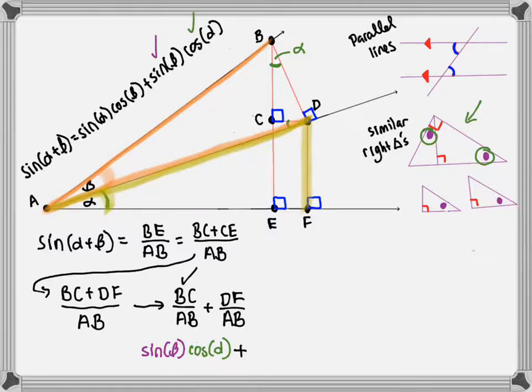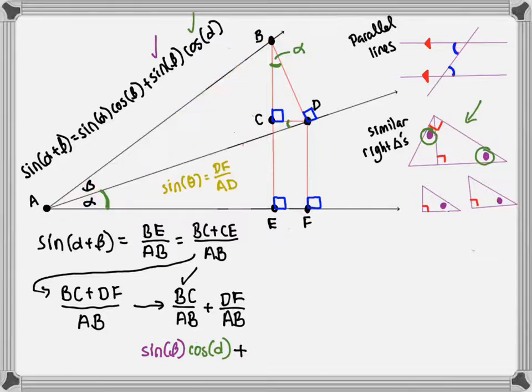So let's start there with the sine of alpha. Oops, I put a theta there. That's no good. All right, so the sine of alpha equals DF over AD, opposite over hypotenuse, and there's the alpha right here.